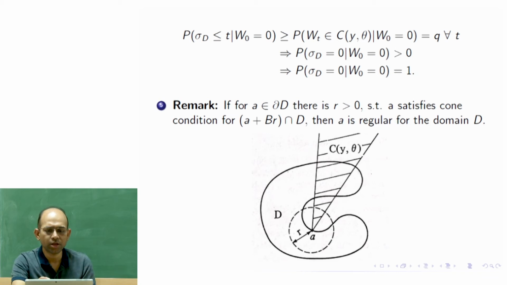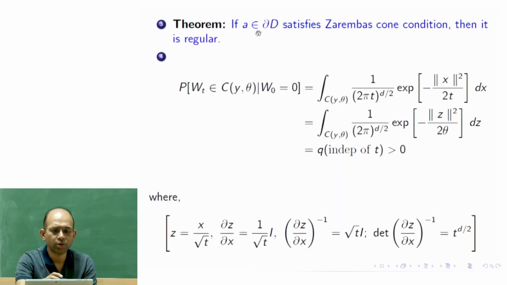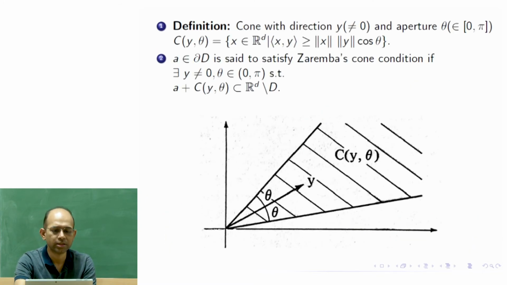Why is it so? Because C_{y,theta} is in the complement of the domain, outside the domain. Since the domain satisfies Zaremba's cone condition, this cone is a subset of R^d minus D, outside the domain.